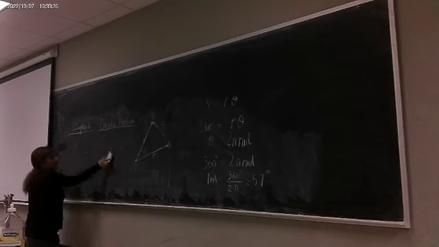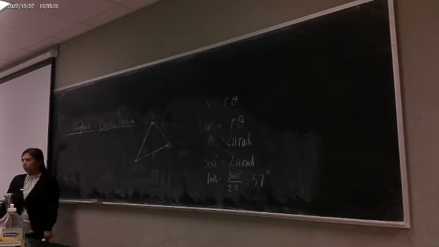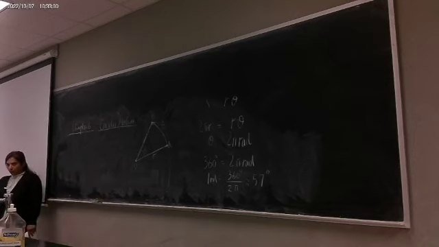If there is half rotation, what is pi equal to? Pi radians is equal to 180 degrees, right? Pi by 2 radians is equal to 90 degrees.